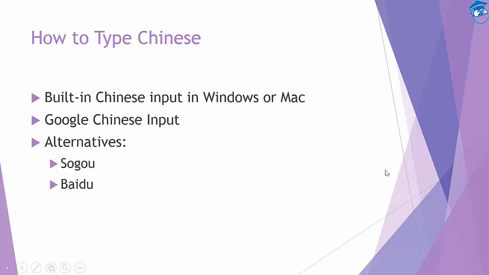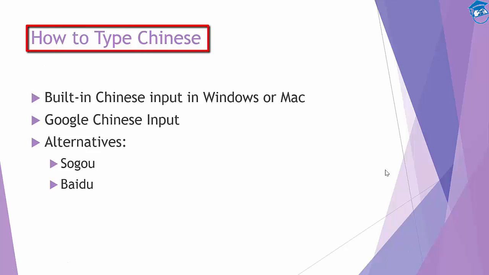Now I'm going to show you how to type Chinese into the computer. One of the ways is the built-in Chinese input in Windows or Mac, and usually they use pinyin. Adding a language is something you can configure yourself using settings and language.